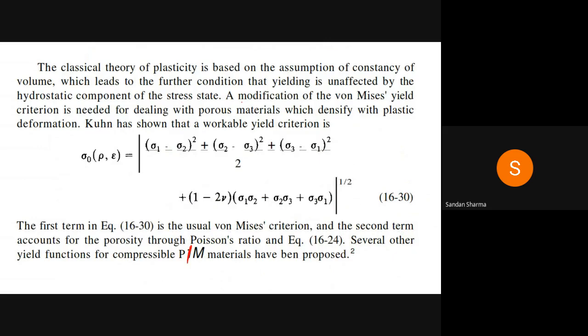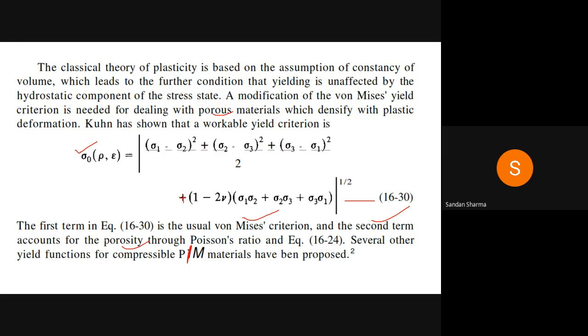You will have an additional part here because of the plasticity of the porous part. The first part is simply the von Mises criterion, and the second term accounts for porosity through the Poisson ratio. This is your complete equation from which you can calculate the stress required to deform your material.